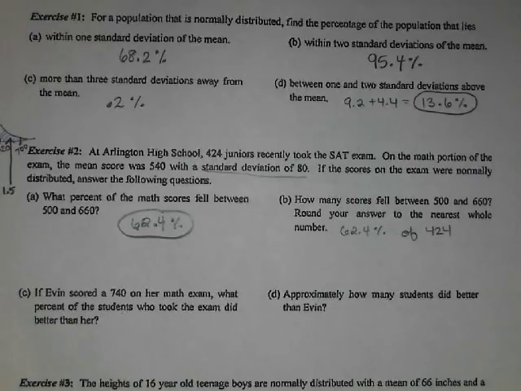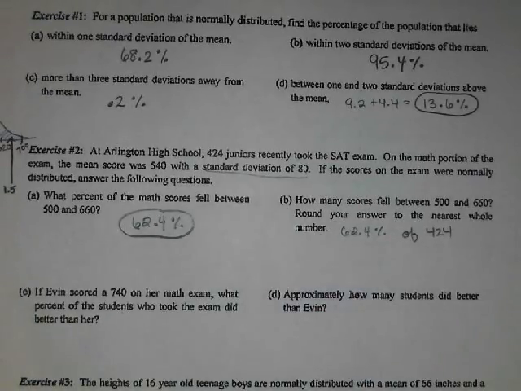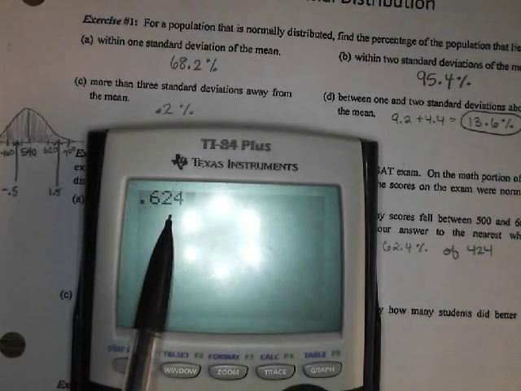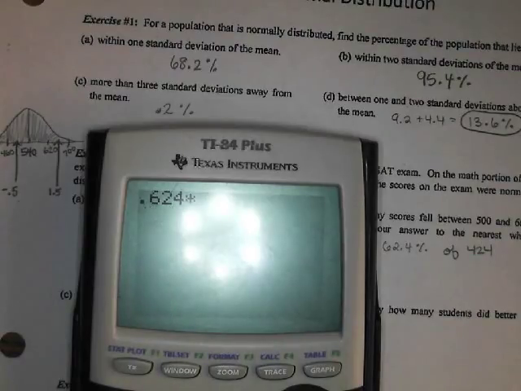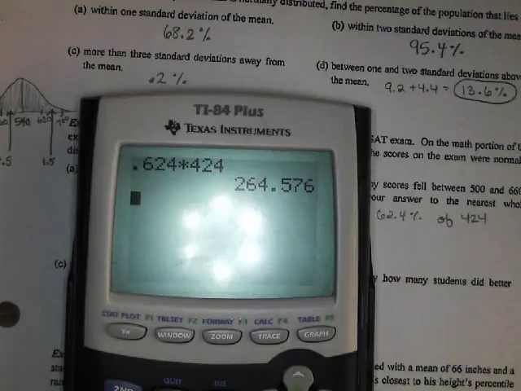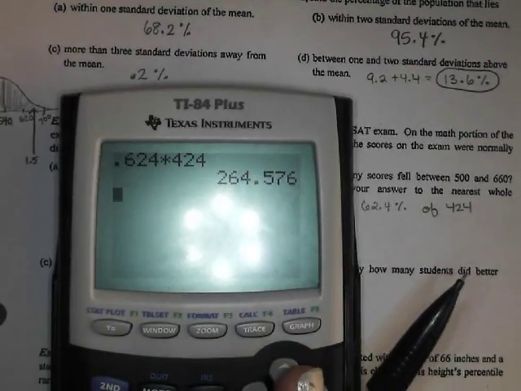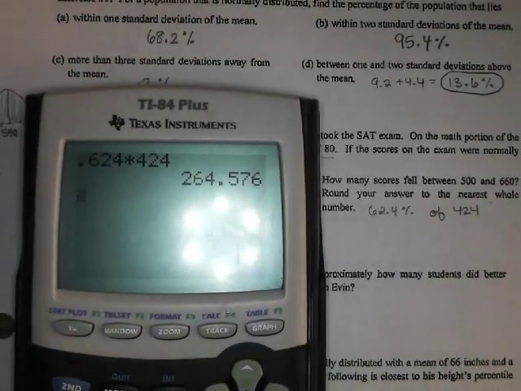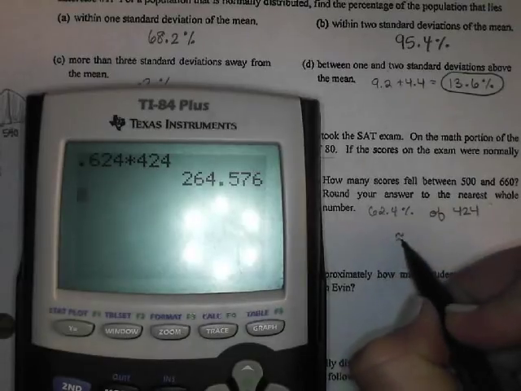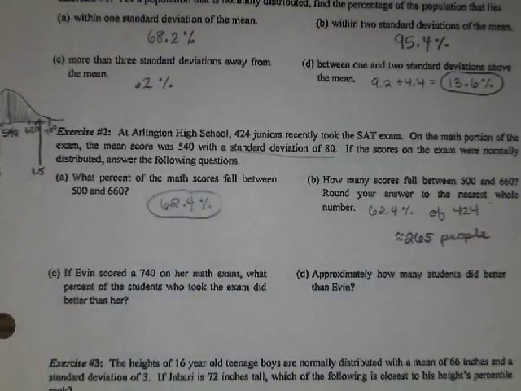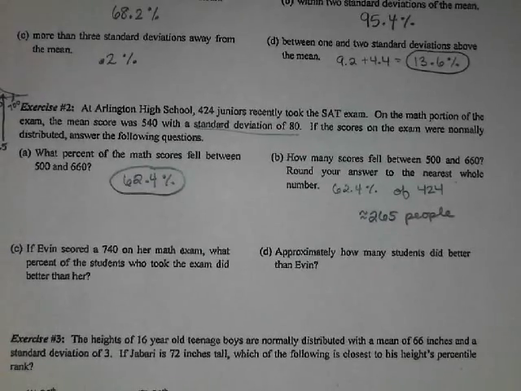And I don't type in 62.4, what do I type in? .624, that's 62.4% as a decimal. Of means multiplication, 424 kids. Now, what should we do to that number? Round. Well, it's people, so to the nearest whole number. 265 people. So 62.4% equates to 265 juniors.